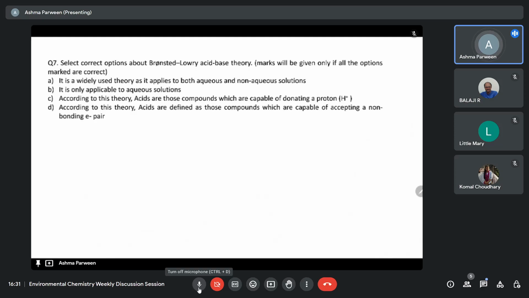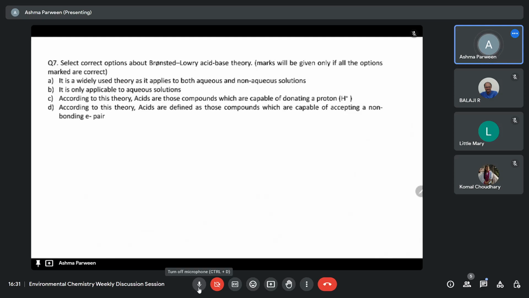So we have to find out the correct options. There is more than one option which is correct. We have to select the correct options about Bronsted-Lowry acid-base theory. These are the four options. Option A is, it is a widely used theory as it applies to both aqueous and non-aqueous solution. B, it is applicable to only aqueous solution.